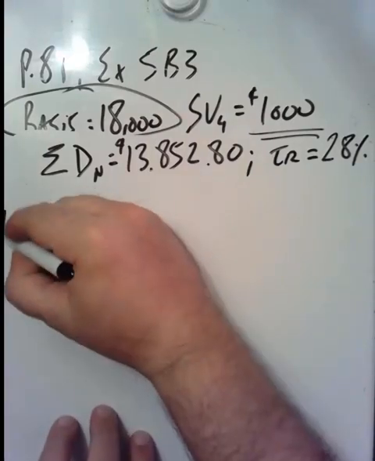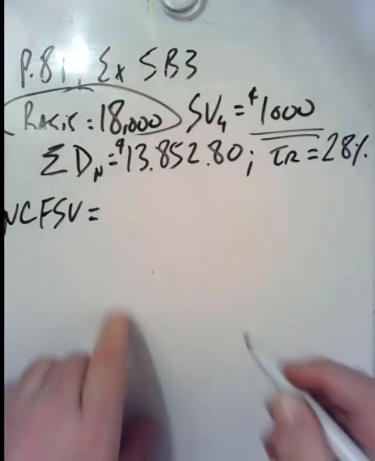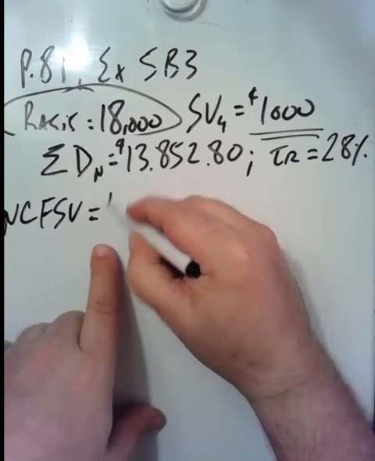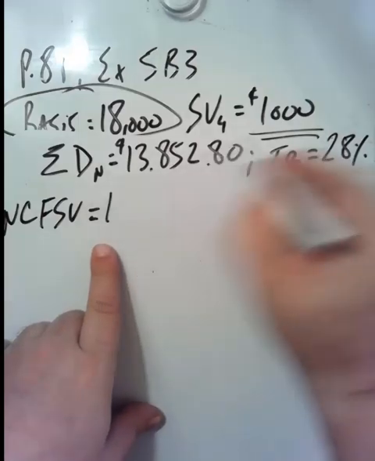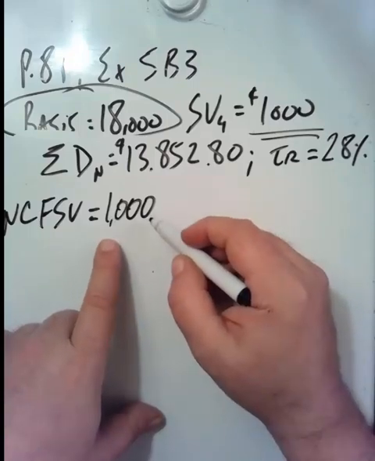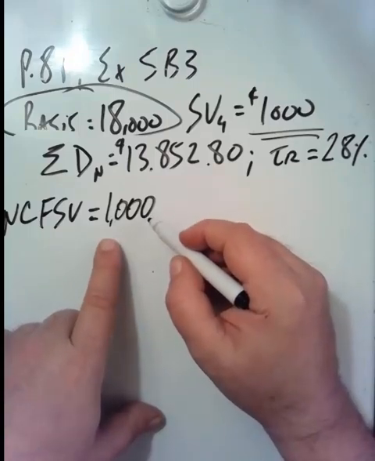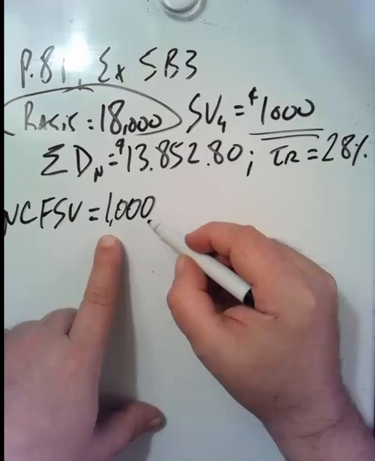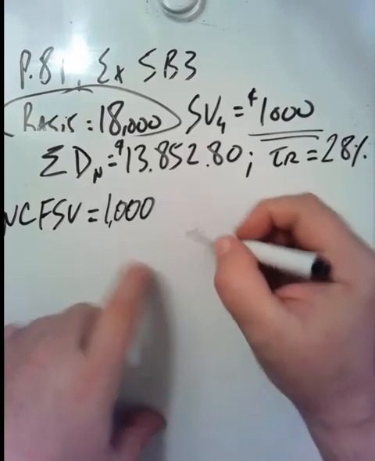Okay, so the net cash flow from salvage value is equal to the salvage value, which is $1,000. Remember, we sold it for $3,000, but then we spent $2,000 to dismantle it and $1,000 to deliver it. So net, we end up with $1,000 from selling it as a salvage value, right?